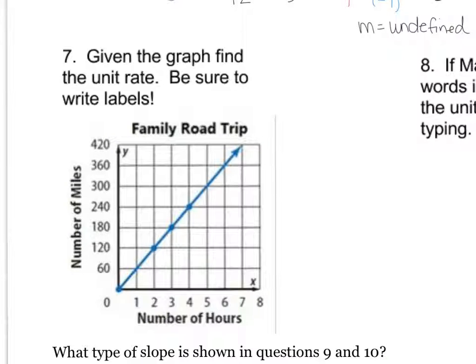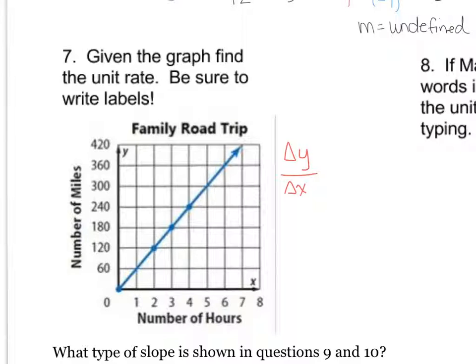Here is where slope meets unit rate, meets proportional relationships. Number 7, given the graph, find the unit rate. Be sure to write labels. Okay, as we recall, slope is your change in y over your change in x.